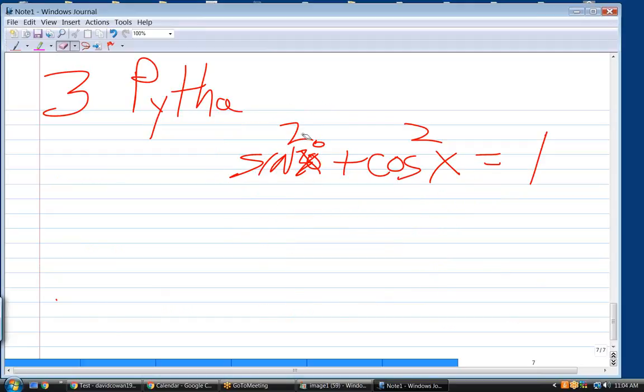What's the second Pythagorean identity? There's 3 of them.